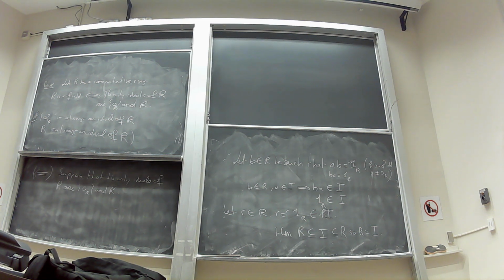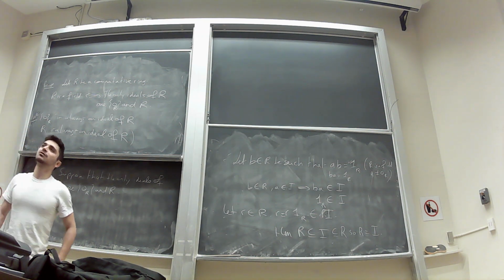What do I need to show? I need to show that R is a field. Great. What does it mean that R is a field? That I take a non-zero element and I can find for it a multiplicative inverse, right? Now how do I do that with ideals?